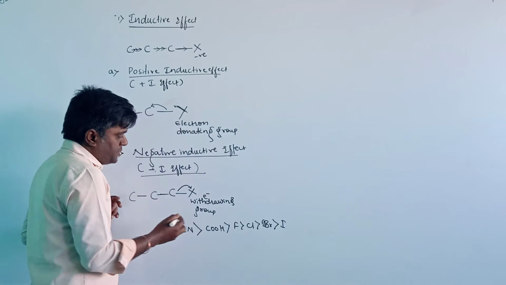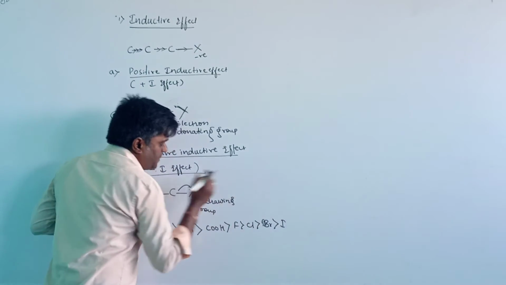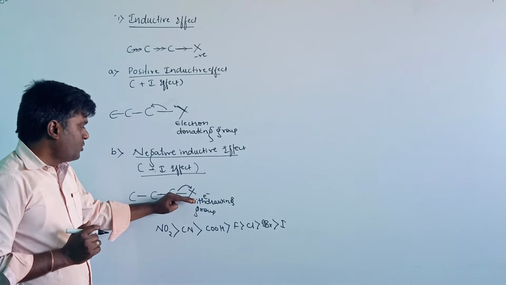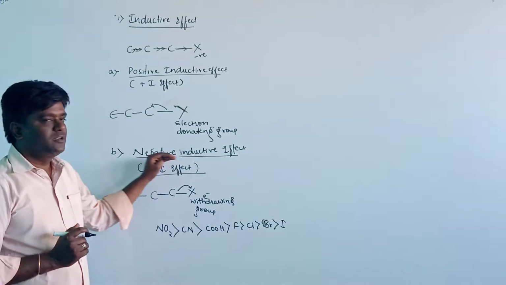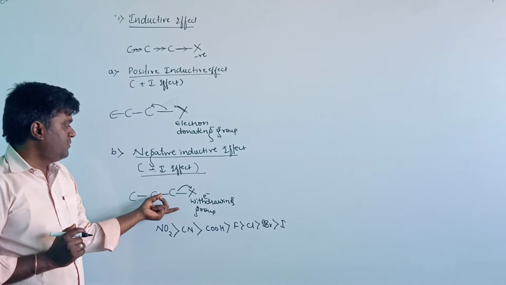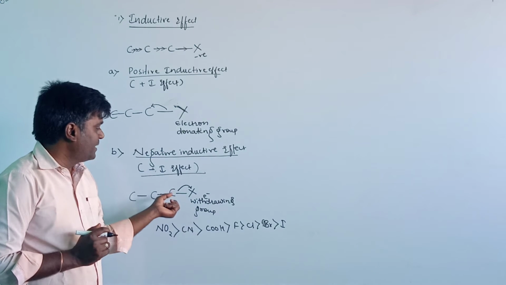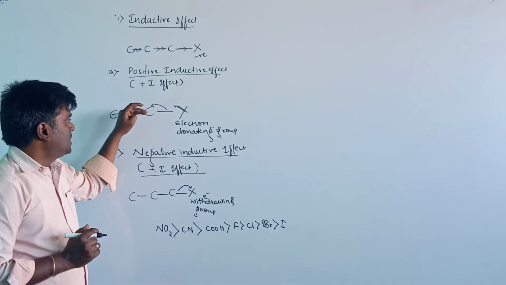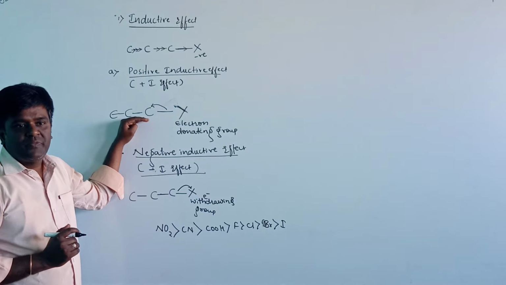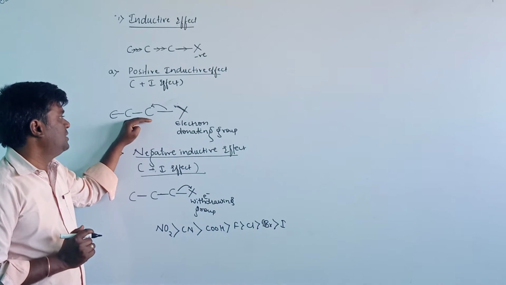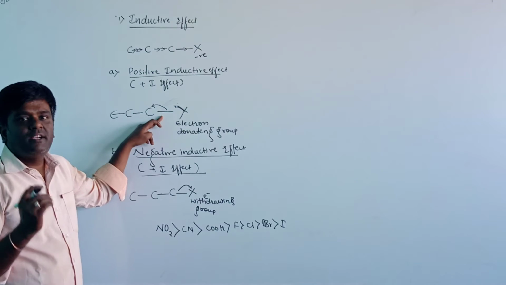NO2 is a stronger electron withdrawing group compared to cyanide, carboxylic acid, fluorine, bromine and iodine. Among the halogens, fluorine is the strongest electron withdrawing group. When an electron withdrawing group is attached to the carbon chain, it will show the negative inductive effect. That means the displacement of electrons takes place away from the carbon chain. When an electron releasing or donating group is attached to the carbon chain, the displacement of electrons takes place towards the carbon chain, away from the subsequent group.